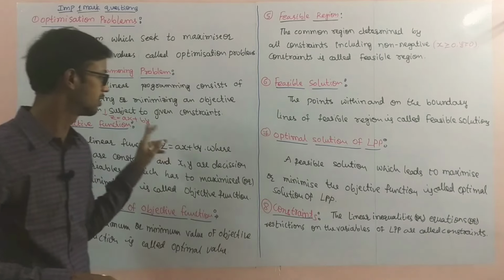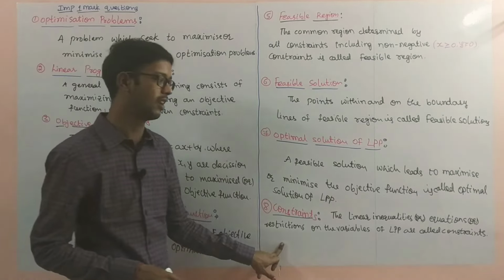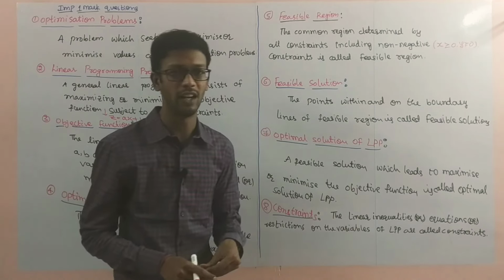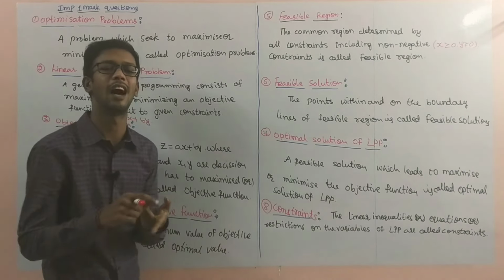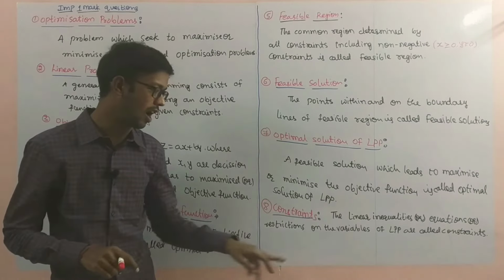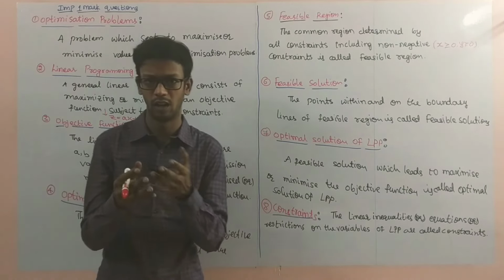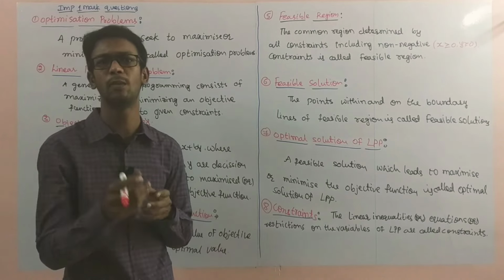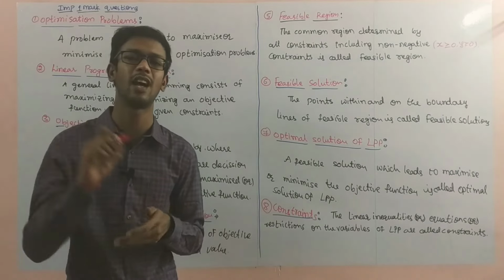Constraints. We didn't discuss constraints here. What are the constraints? The linear inequalities or equations or restrictions on variables. Restrictions on variables only. In the previous problem, x plus y is less than or equal to 60.